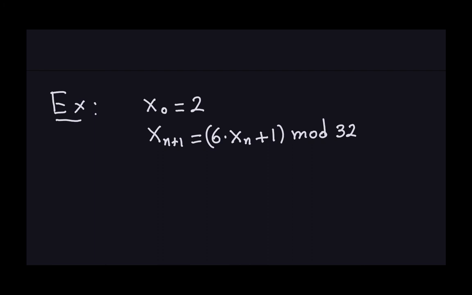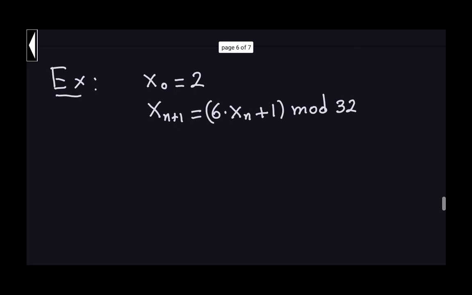Let's look at this particular example. The seed is 2, and I'm making these choices: 6 for the multiplier, 1 here, and the modulus is 32. If you start generating numbers like that, I'll show you what happens.